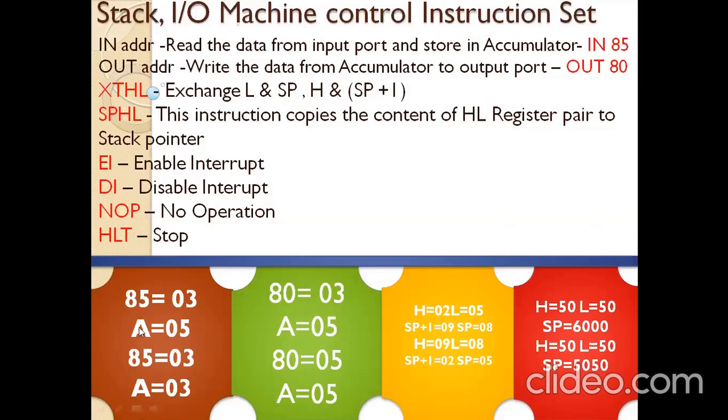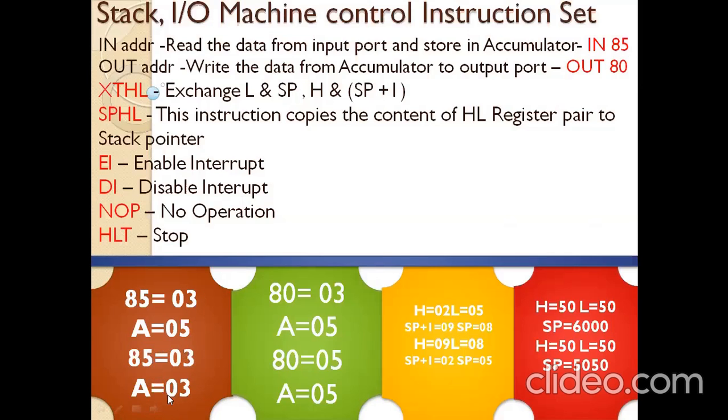We can see an example. The value at address 85 is 03. Initially, the A value is 05. If we execute the instruction IN 85, 85 is the address and it contains data 03.